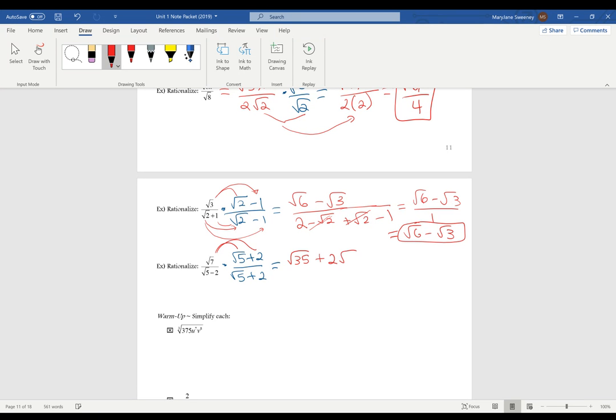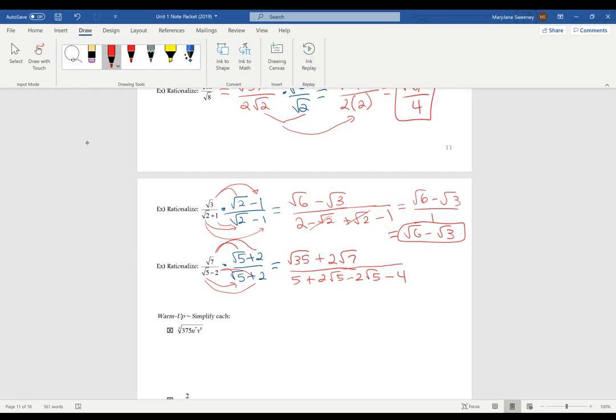Outers plus 2 radical 7, right? Because you can't multiply a whole number by a radical other than just leaving the whole number out in front. Here we're going to FOIL. That's 5. Outers, 2 radical 5. Inners, minus 2 radical 5. And lasts, minus 4.